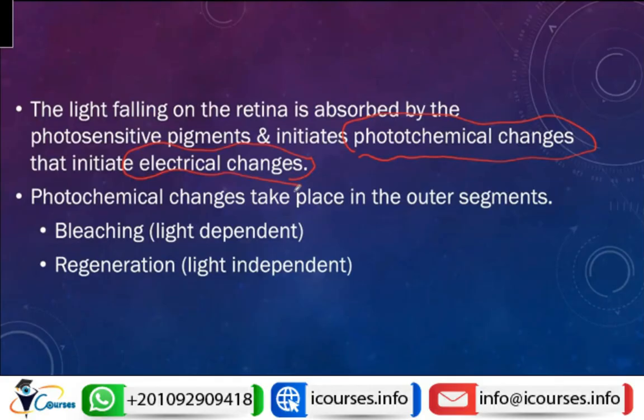When they are exposed to light, this results in photochemical changes of these visual pigments, and these changes lead to the formation of an electrical current. This process is called phototransduction: the change of the photochemical reaction to electrical charges.